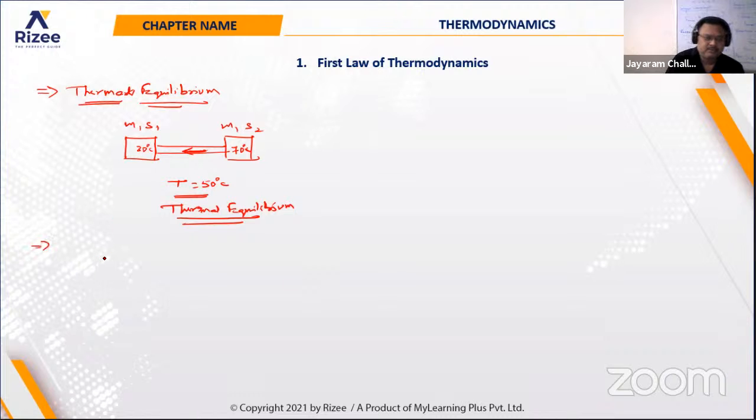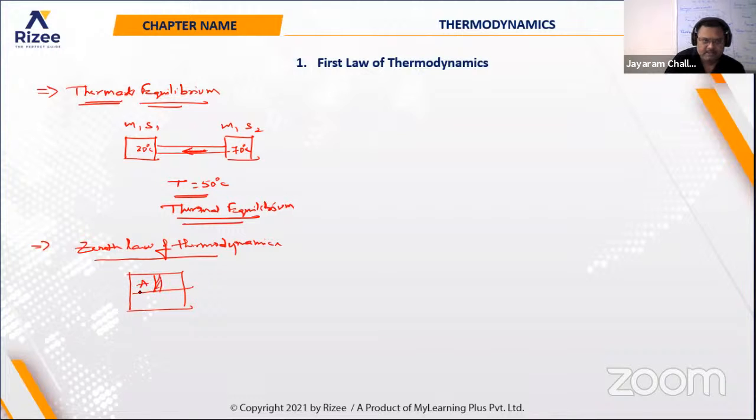That is, if two systems are in thermal equilibrium with a third one, suppose A is in thermal equilibrium with C and B is in thermal equilibrium with C, then A and B are also in thermal equilibrium. Fine, so this is the condition.